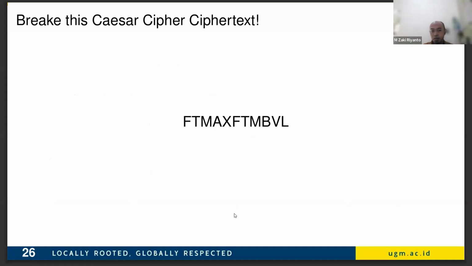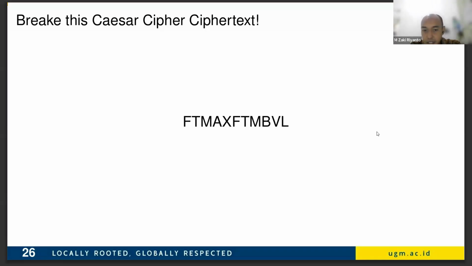So this is an exercise for you, to break this Caesar ciphertext. Okay. You just try all of the possible keys.